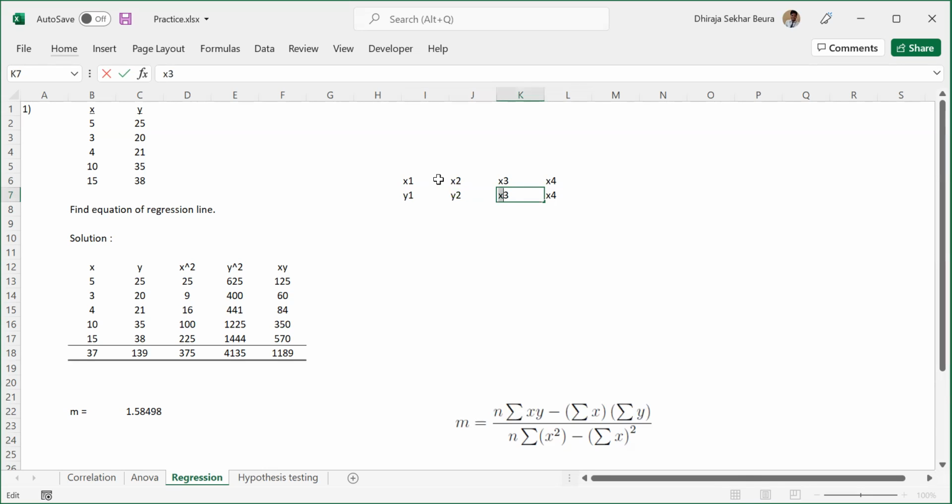Now if we have two sets of data like this, x1 to x4 as one set and y1 to y4 as another, I'm telling you the other way around. If we have an equation, we can calculate each value of y from a value of x. Now think about it the other way around. If you already have x1, x2, x3, x4 and y1, y2, y3, y4, how do you calculate the equation y is equal to mx plus c? That is where regression comes into the picture.